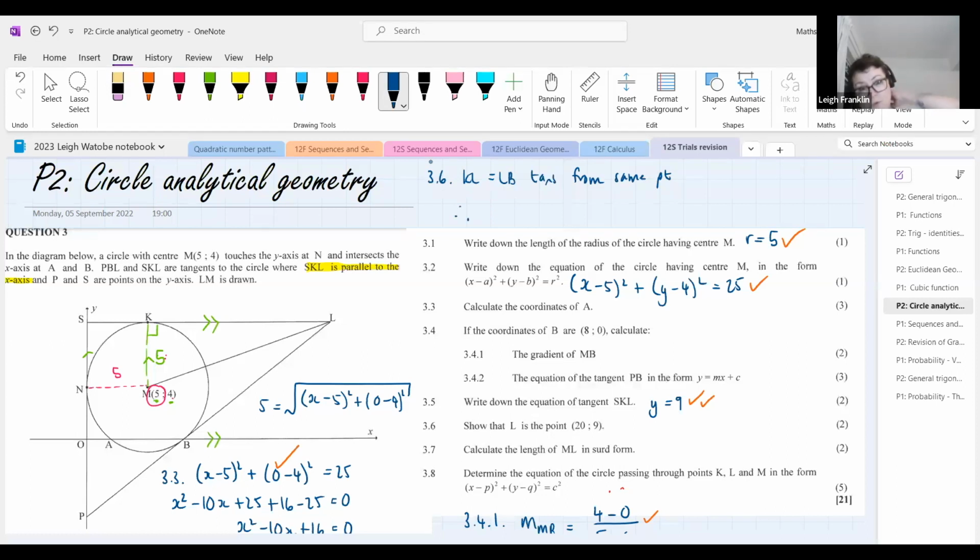So therefore, the length of LB is going to be, remember the coordinates at, oh no, but hang on, we can't do that. Because then we're using those coordinates. Oh, I feel so silly now. All right, then there must be another way for us to be able to do this.